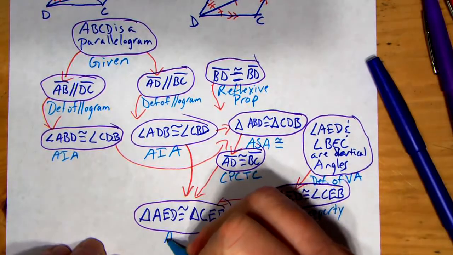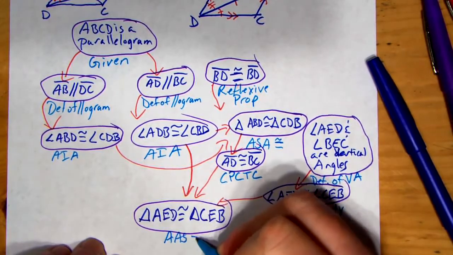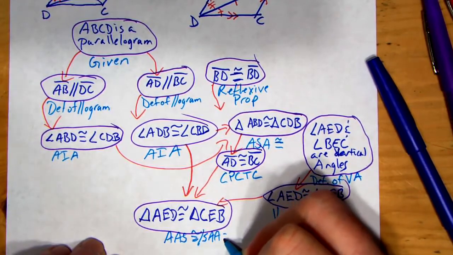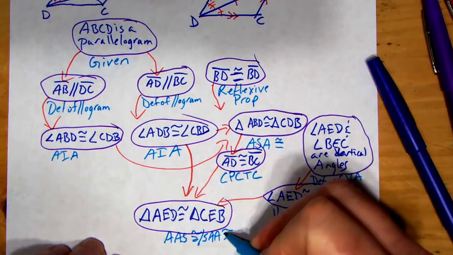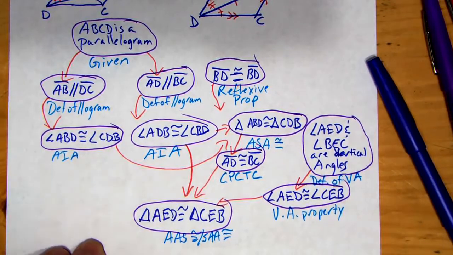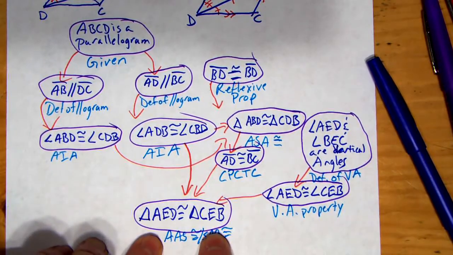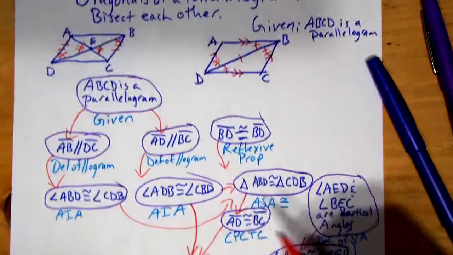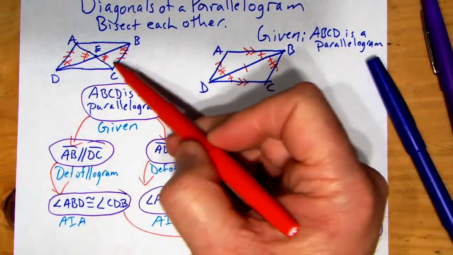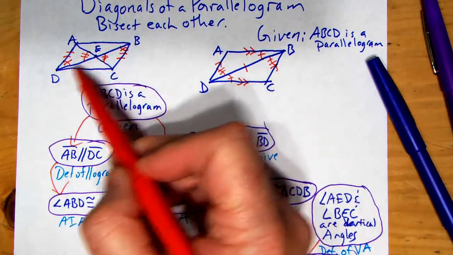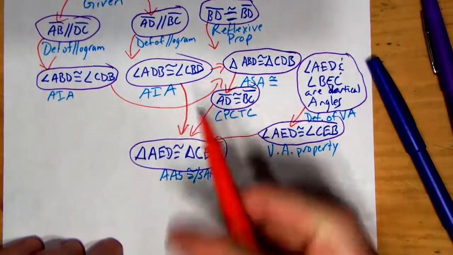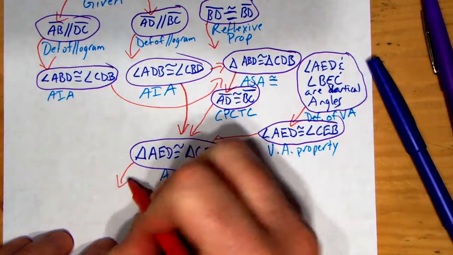And that's two angles and a side not in between them congruency statement. You can also write that as SAA. Now, if two triangles are congruent, then their parts are congruent. And this is where we're going to get to AE being congruent to EC and BE being congruent to ED. And that's going to be almost the end of our proof.